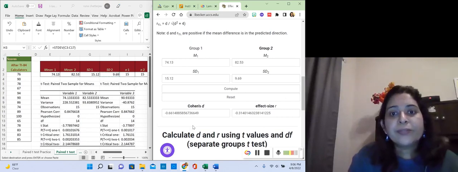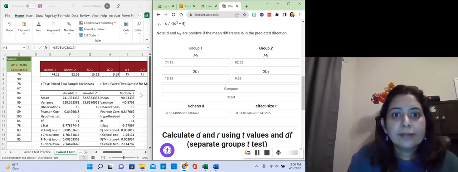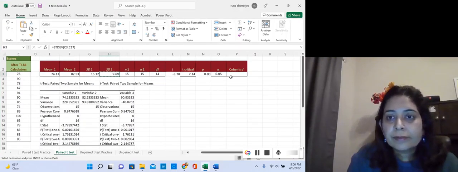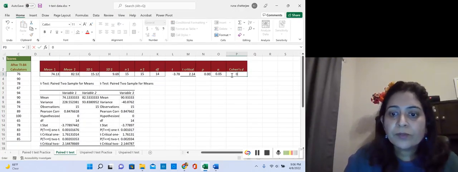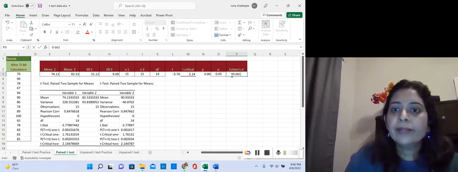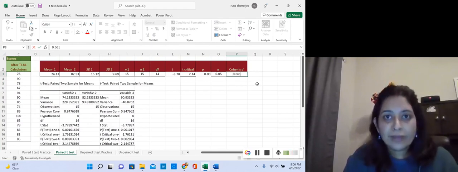The value of Cohen's d is 0.661. We will copy that down. 0.661. So what is the meaning of this effect size?